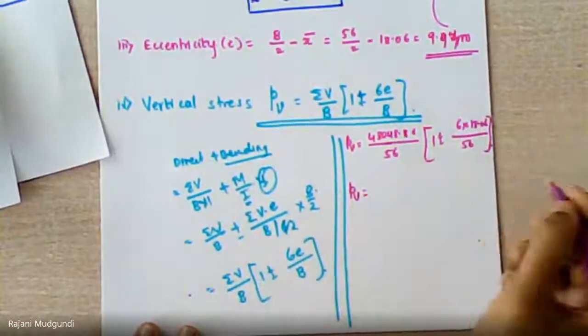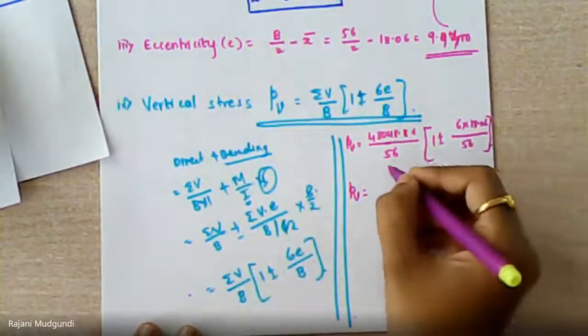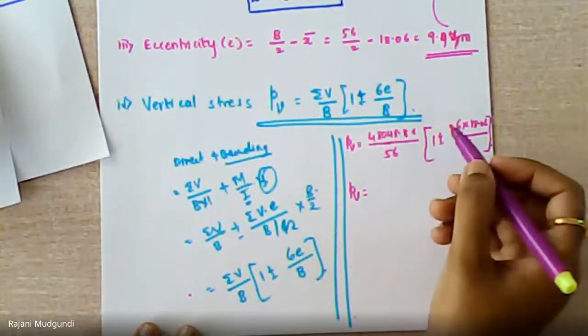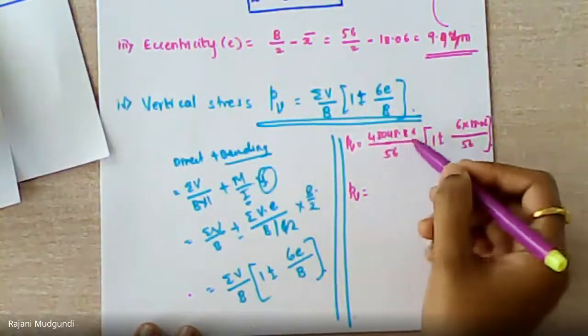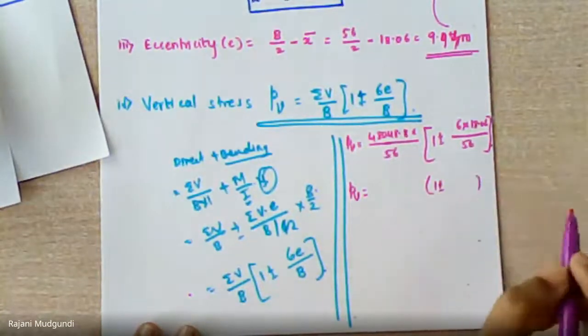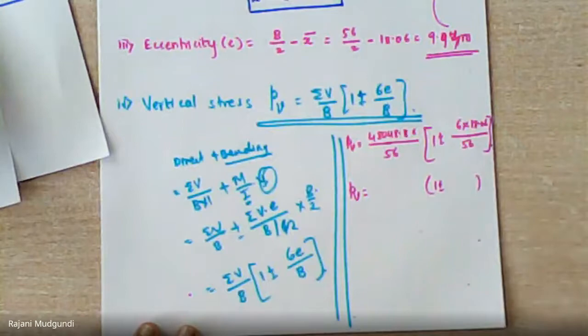So PV will be, work out this component, that part 43048.86 divided by 56, and this 1 plus or minus another part.